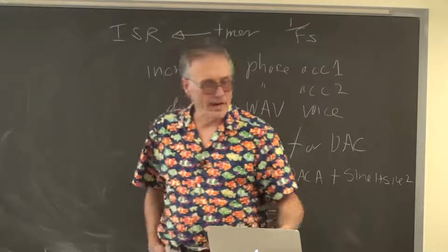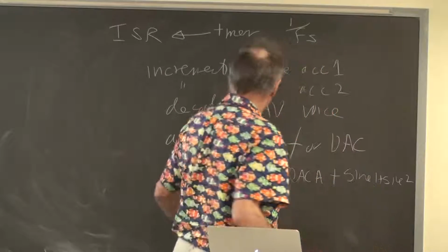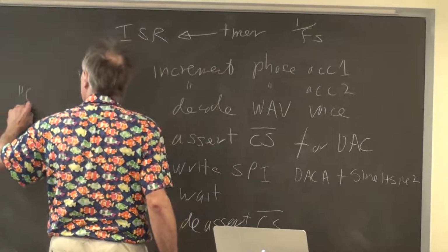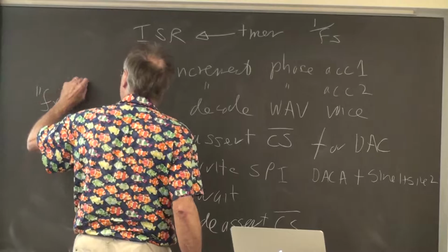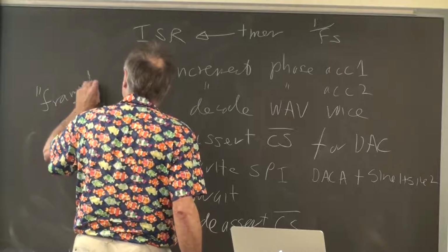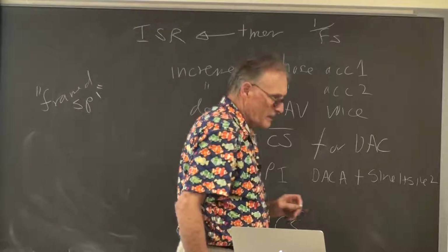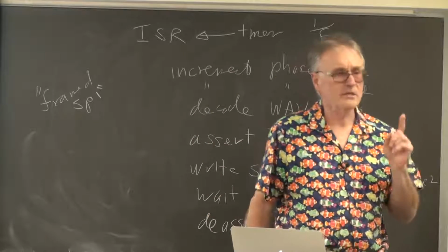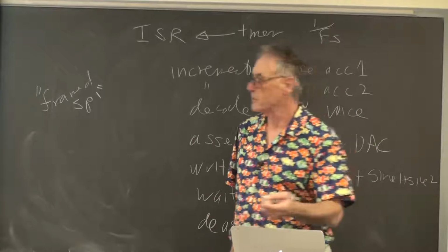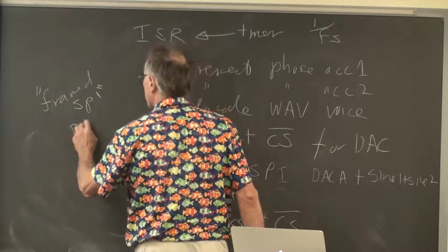So it's called framed SPI. And as far as I can tell, it is included on the chip specifically so that DMA can output to the SPI.